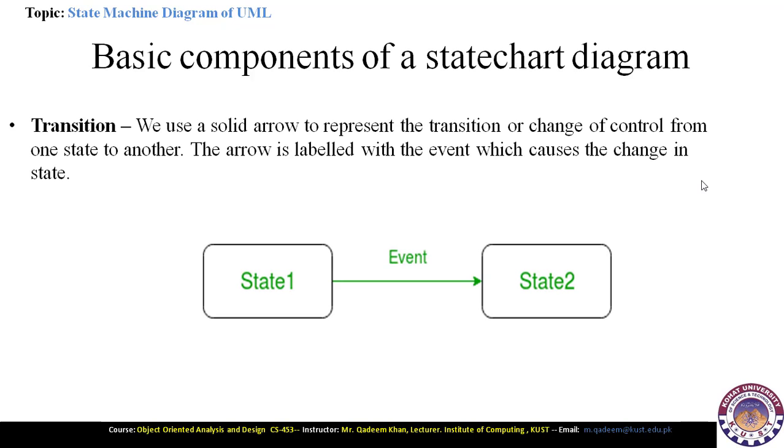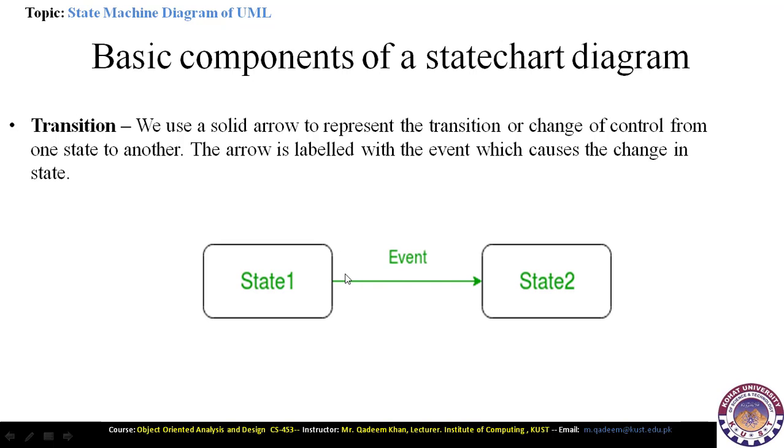Next one is the transition. How do we represent the transition in the state machine diagram? We use solid arrows to represent the transition. Transition means, for example, one state is transited into another state, and then the transition occurs.